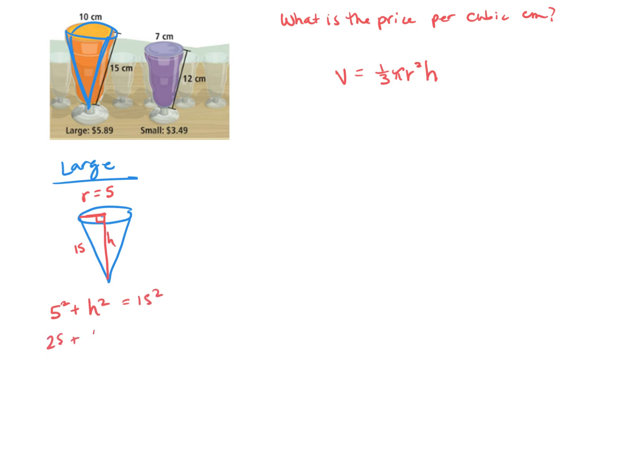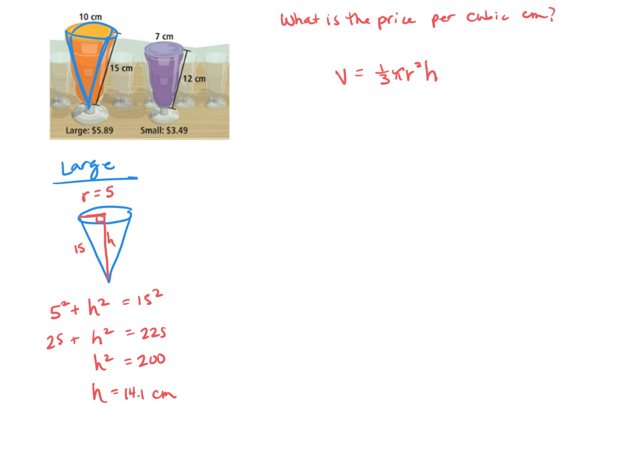So 25 plus h squared equals 225. h squared equals 200 if we subtract 25 from both sides, square root, and we will go ahead and use a height rounded to the nearest tenth of 14.1 centimeters. So now we can find the volume of the large cone.